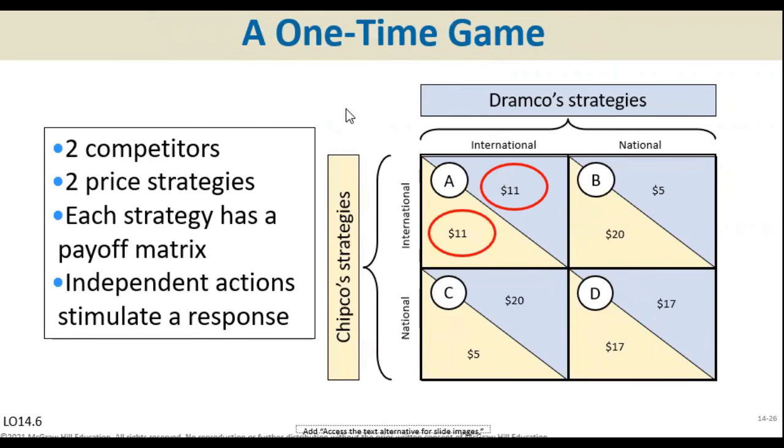So here is an example to illustrate a one-time game, and this happened in a single period, a positive sum game. The example here is between two firms, CHP14 and Dramco.